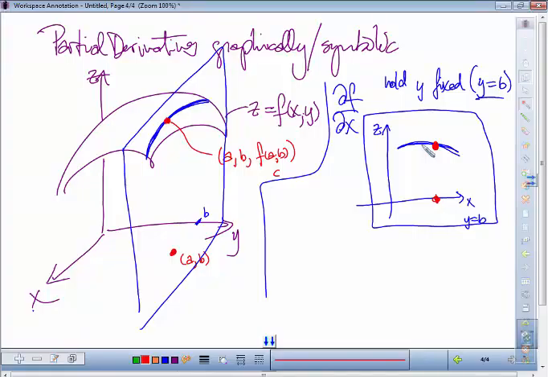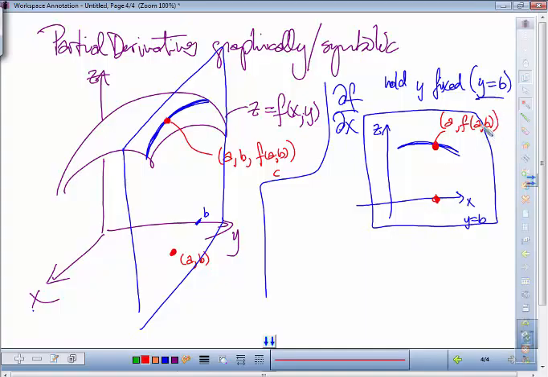Now I know y is equal to b. How should I label this point if I want to label it as a 2-dimensional point? (a, f of a).